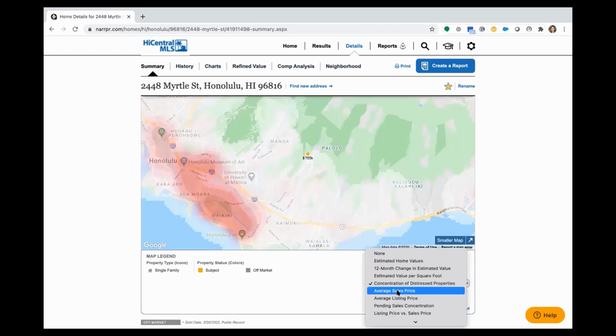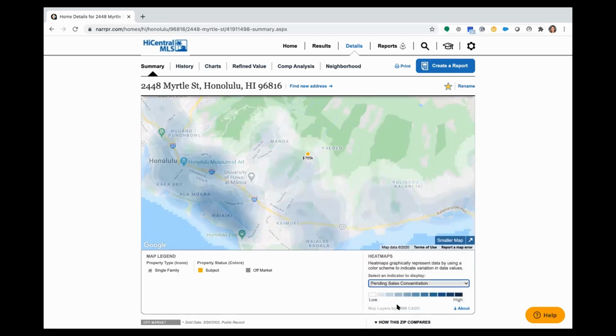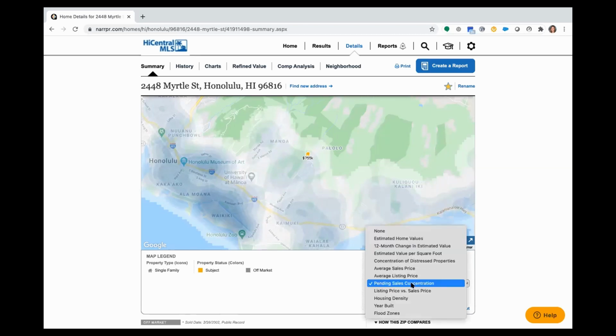We have average sales price, average list price. One that I love to take a look at for that listing presentation is that pending sale concentration. So you can kind of calm those fears of that homeowner and say, hey, you're in a medium pending sale concentration. So you can validate that properties are moving.